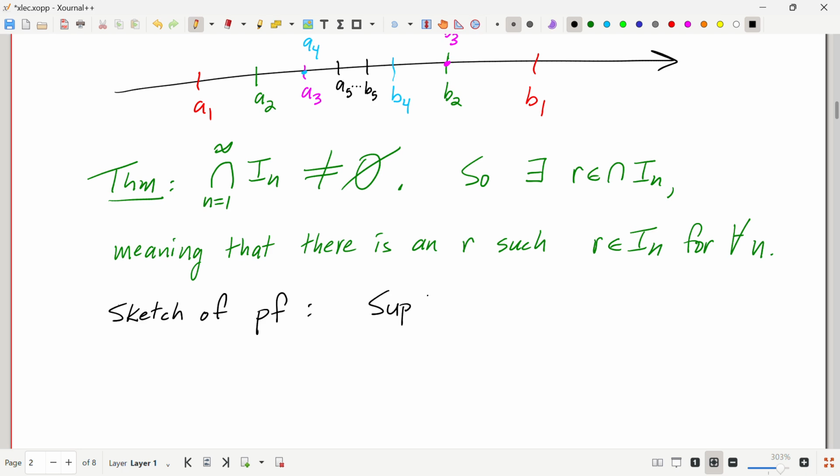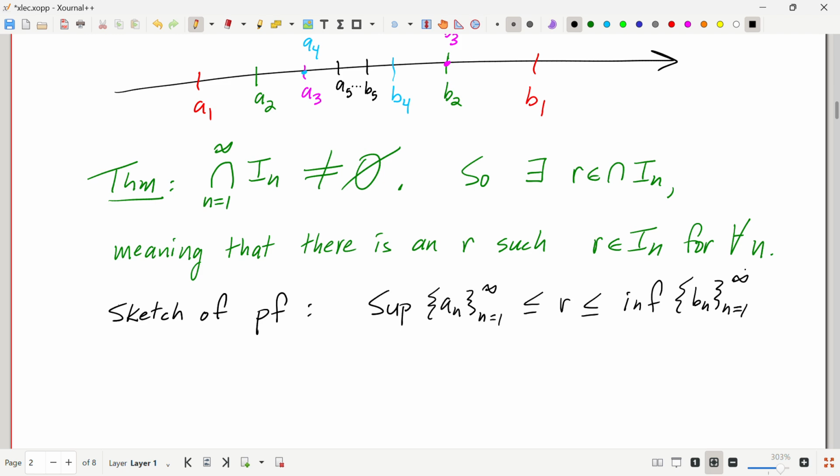So the sup of the A's is going to be less than or equal to R, which is going to be less than or equal to the inf of the B's. The B's are shrinking downwards.